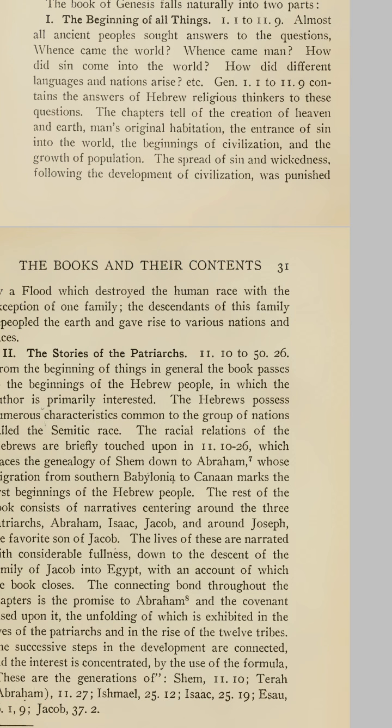Almost all ancient peoples sought answers to the question, whence came the world, whence came man, how did sin come into the world, how did different languages and nations arise, etc. Genesis 1:1 to 11:9 contains the answers of Hebrew religious thinkers to these questions.